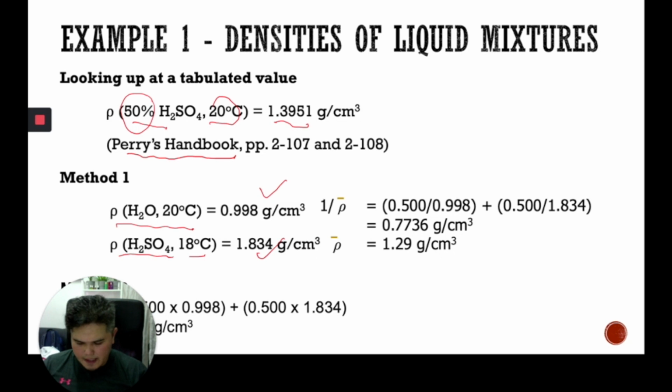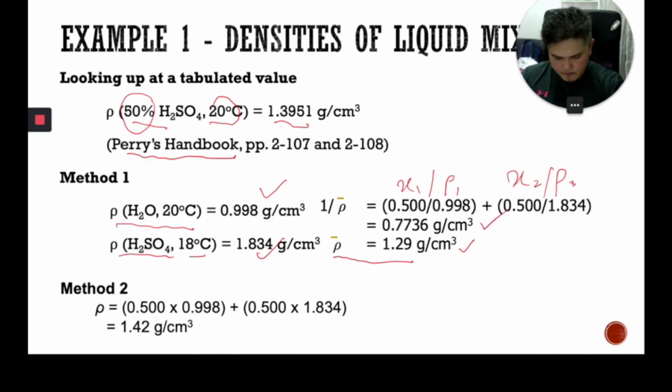So the first method is simply 0.5, which is X1, and X2 divided by rho 1, and rho 2. So you'll be able to get this value. Then when you invert the density, you'll get this particular amount, which is not that far compared to the first value that you have tabulated.